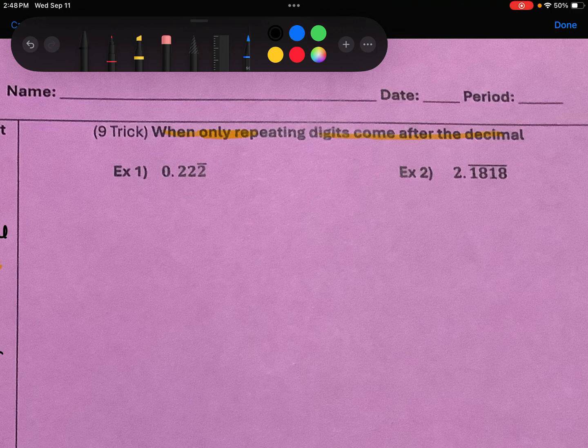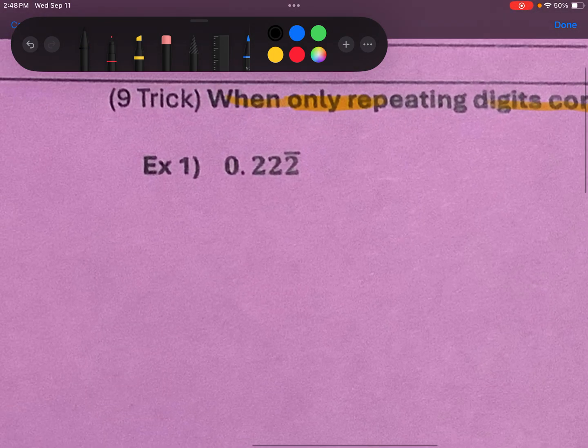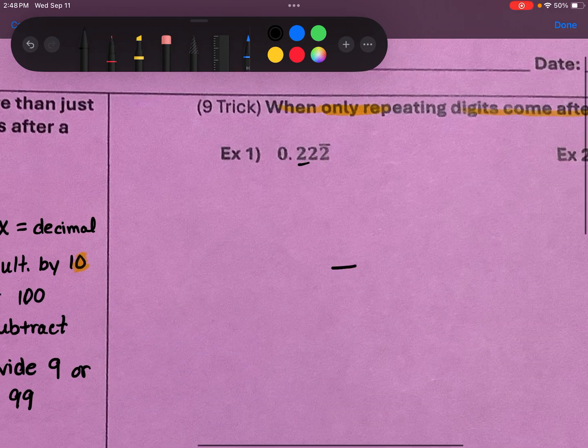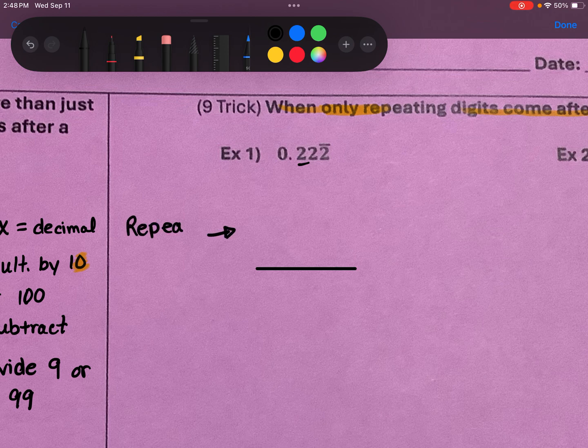So in example 1, the repeating number after the decimal is 2. We have 0.2 repeating. So I'm going to draw my fraction bar, and the numerator is the repeating digit, which is 2.